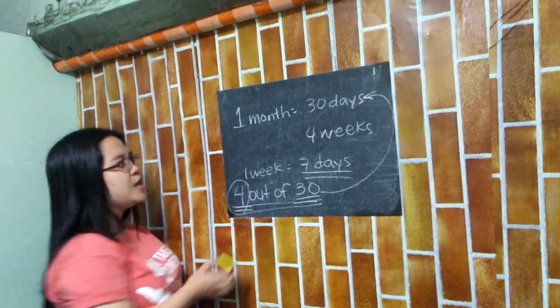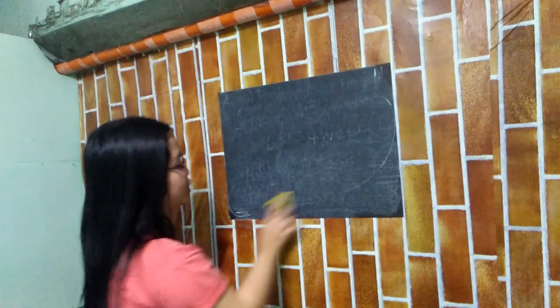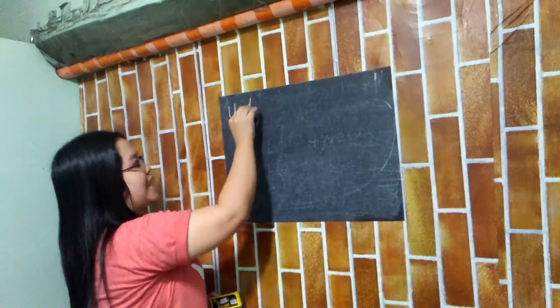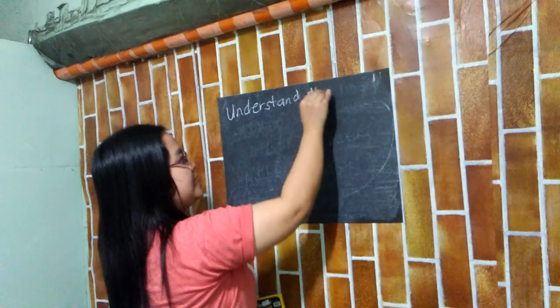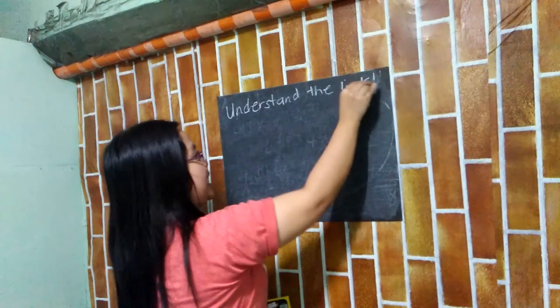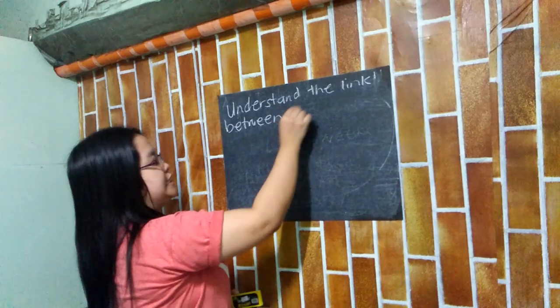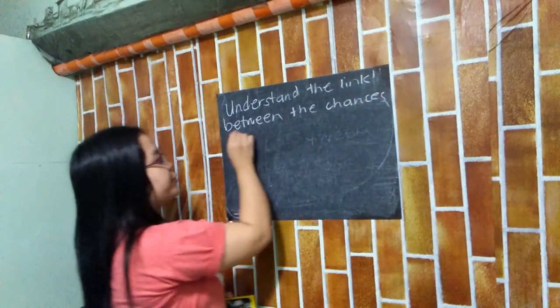So now, what are we going to learn for our lesson in math for today? For today's lesson, we are going to understand the link between the chances and probability.